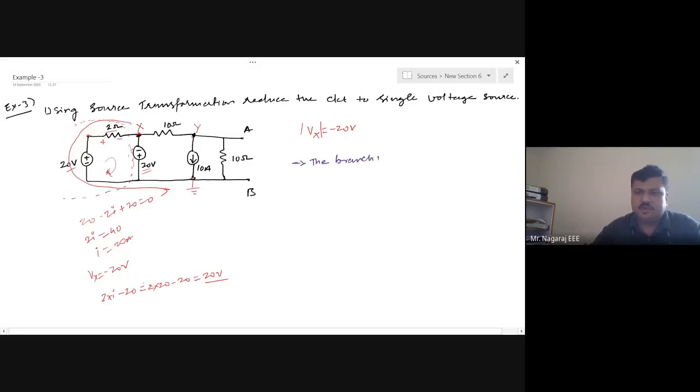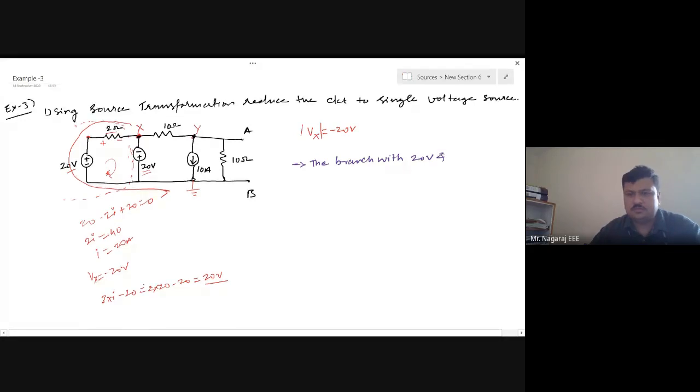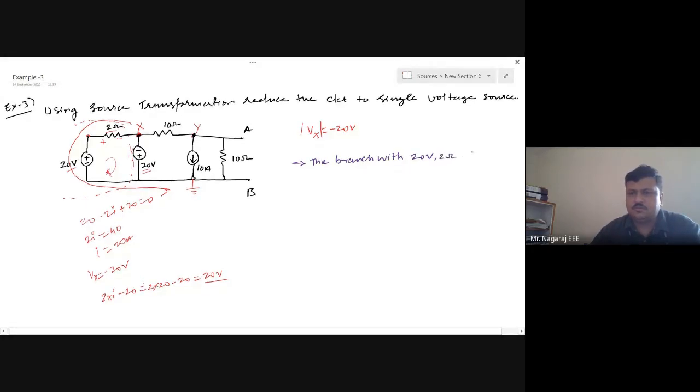The branch with 20 volt, 2 ohm has no effect, or has no significance in the circuit, as Vx is constant.